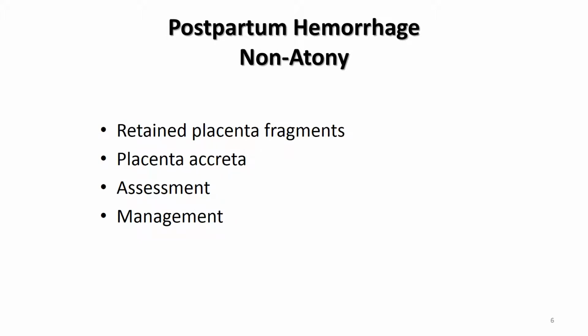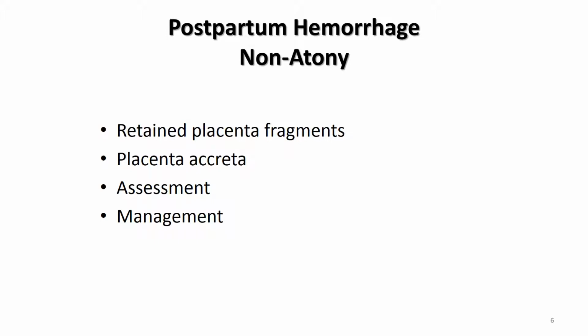Next, we're going to be talking about other issues that may cause postpartum hemorrhage. We're looking at retained placental fragments and placenta accreta. Those two are kind of common. So another cause for postpartum hemorrhage is retained placental fragments.